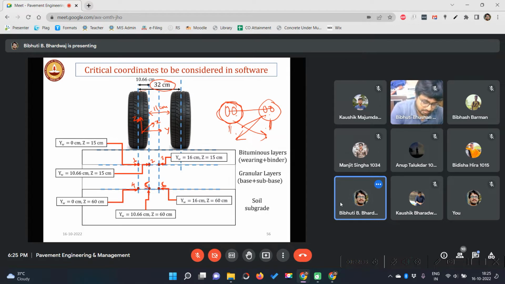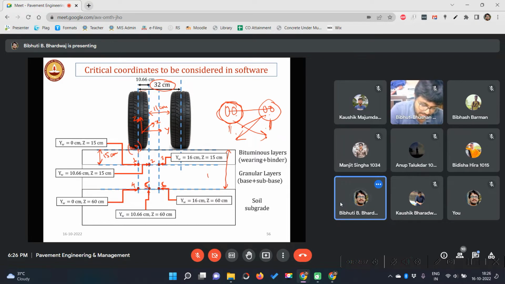Alright. So this point we can consider 0, 0. Okay. So that will be 0, and this thickness was how much? 15 centimeter, right? And this was how much?